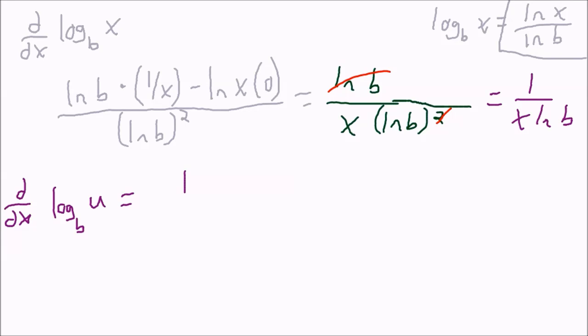It's still going to be 1 over, it's not going to be x anymore, it's going to be u. So this is my x part, and it goes down here. This is my u part, and it's going to go right here. It's still going to be times the natural log of the base, but now because I took a derivative of u, and u is a function of x, I need to use some chain rule and multiply this by du over dx.